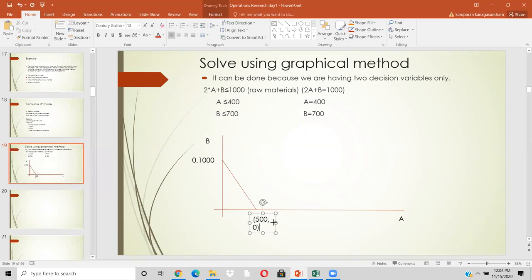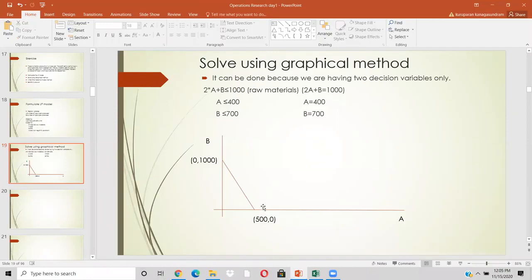Okay guys, can you understand now, or do I need to repeat it again? Okay, we'll see now how to understand which region should be feasible.